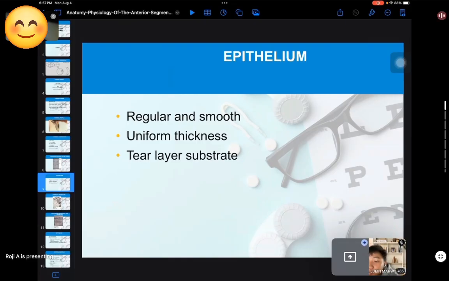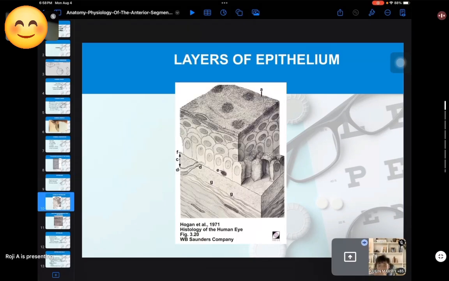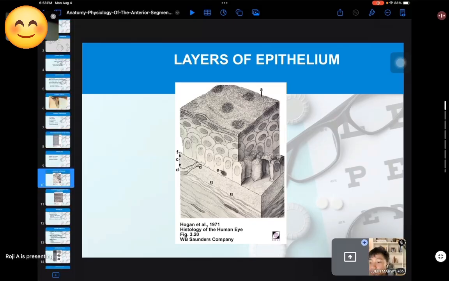So the epithelium: regular and smooth, uniform in thickness, tear layer substrate. As we all know, the epithelium is the outermost layer. And as you can see, by structure, what are the structures that you can see?